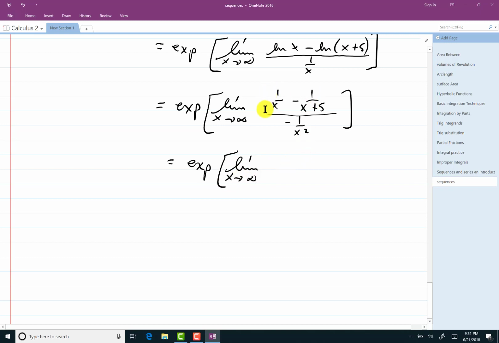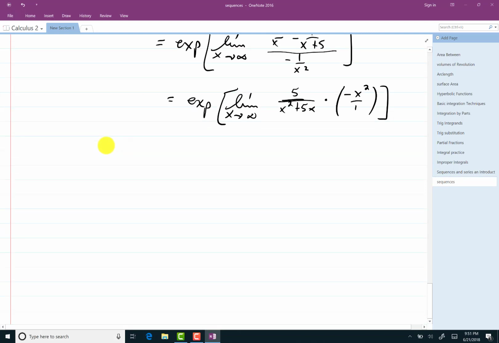X plus 5 minus x will give me 5 over x squared plus 5x. And then I'm going to flip this part here. I'll get times -x squared over 1. I'll put this negative 5x squared in the numerator, and in the denominator I'll get x squared plus 5x.